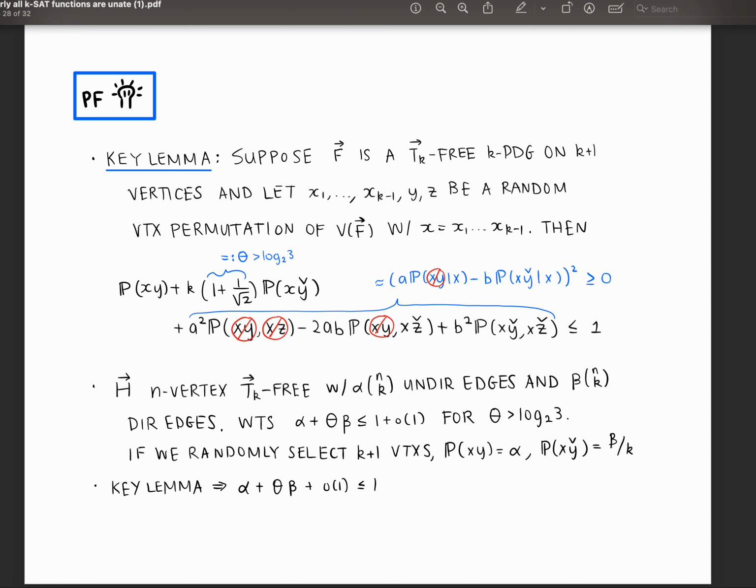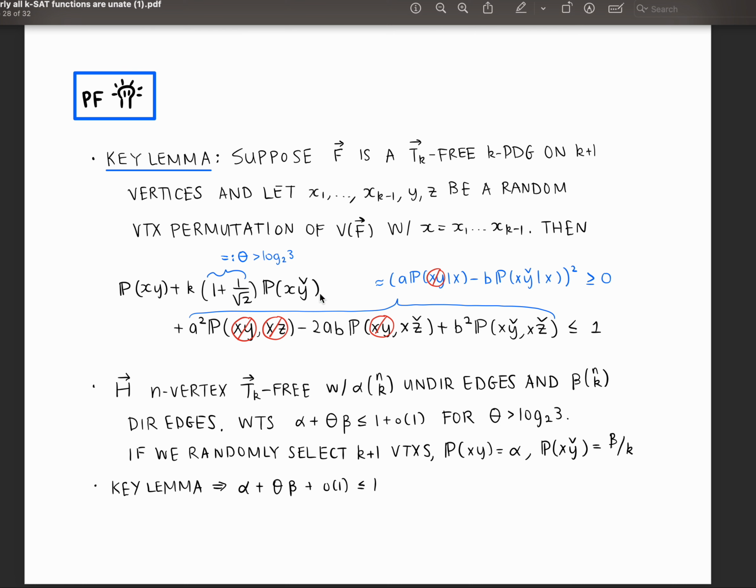So the proof rests on the following key lemma, which is: suppose I have a TK-free KPDG which has just k plus 1 vertices, and I randomly reorder the vertices. I let x be the first k in my random ordering.